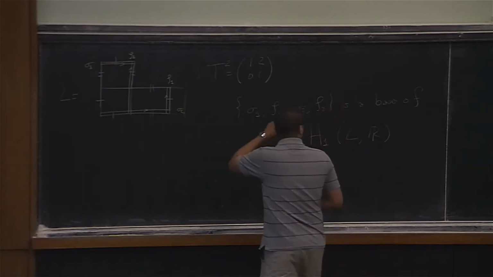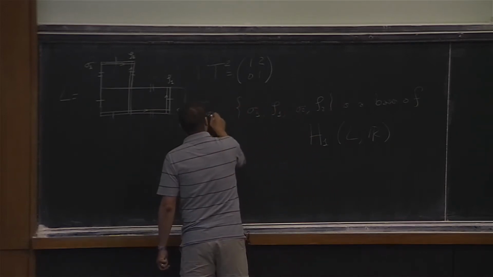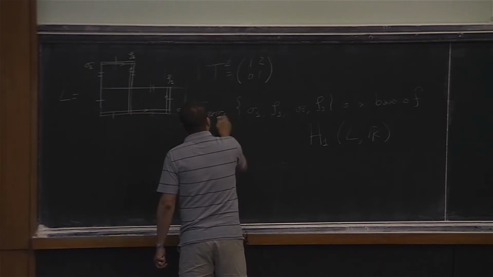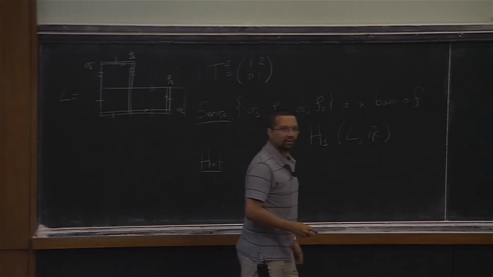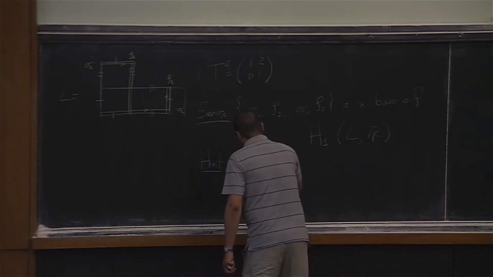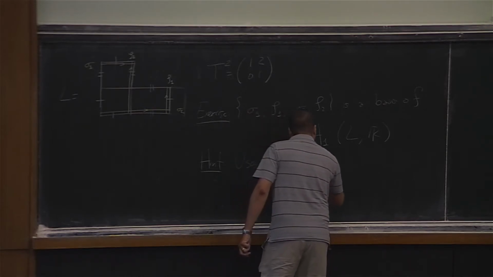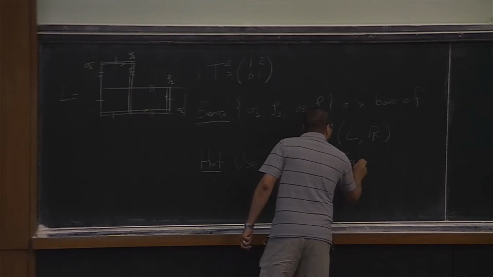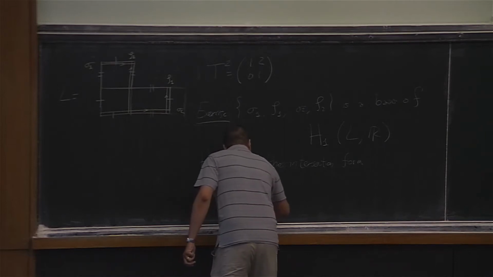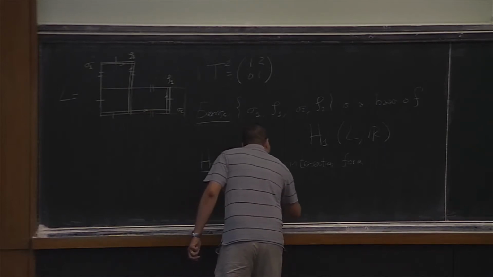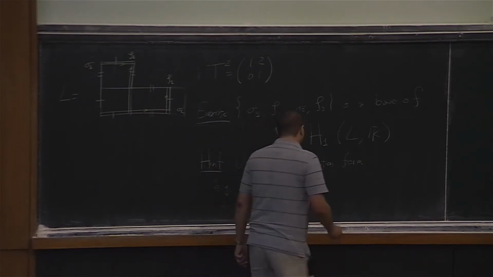And I left this as an exercise, and I gave a hint: it was to use intersections. We use the intersection form. And by this I mean, why is sigma 2 not a multiple of sigma 1, so why are these two vectors independent?